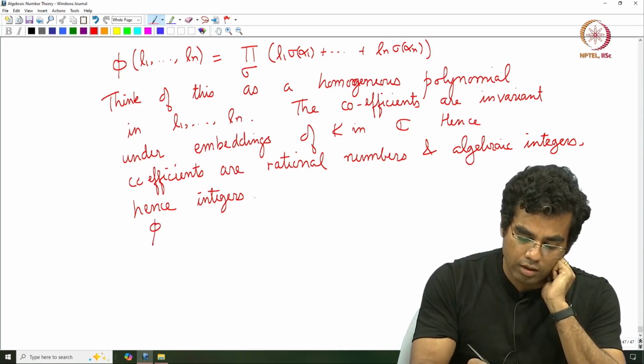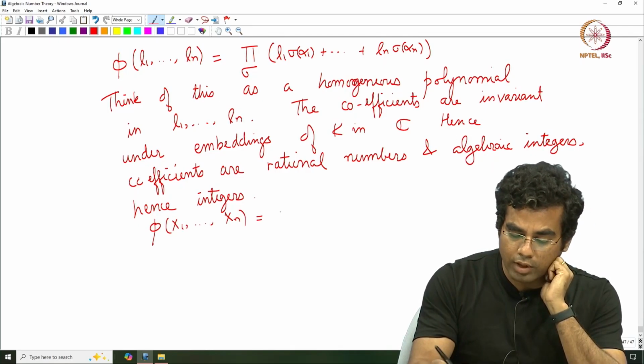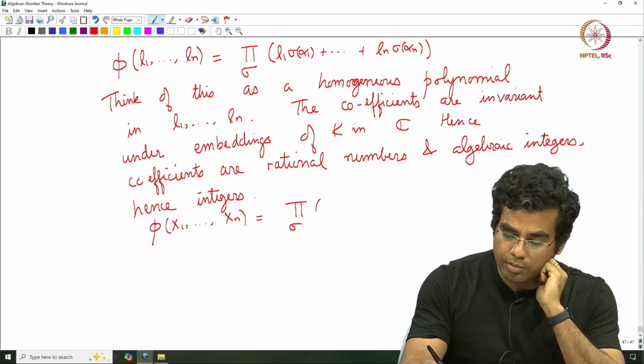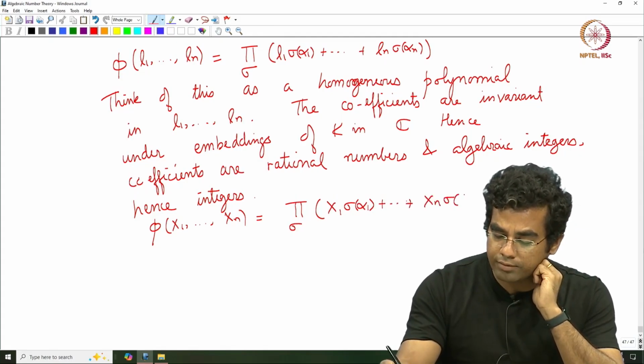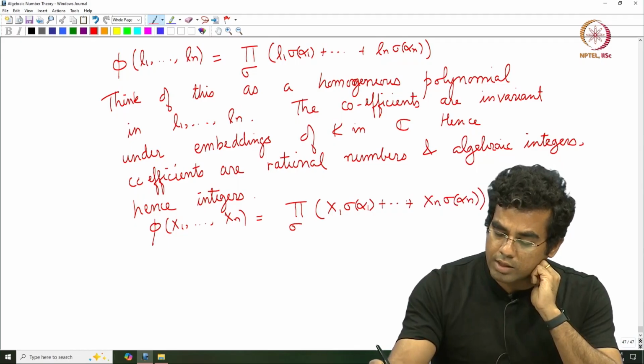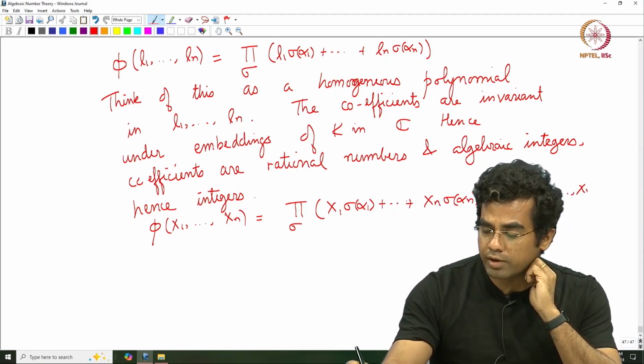So, phi of x1 up to xn, if you like, as product over sigma x1 sigma alpha 1 and so on up to xn sigma alpha n is a polynomial with integer coefficients, polynomial in n variables.